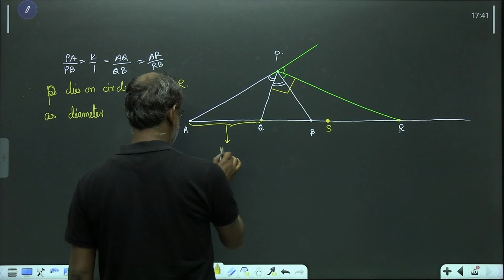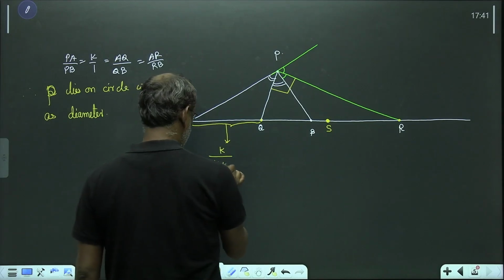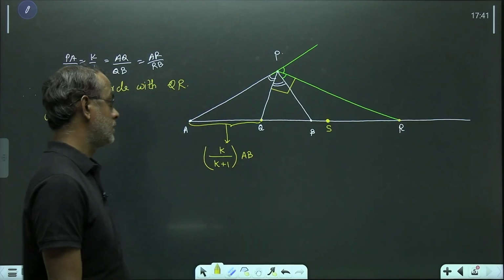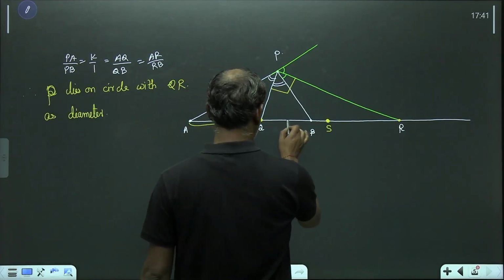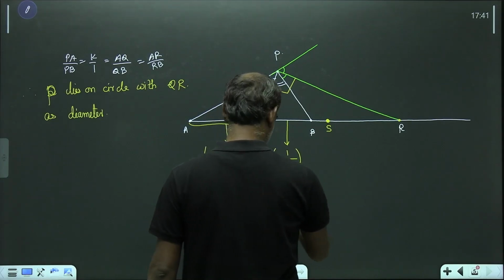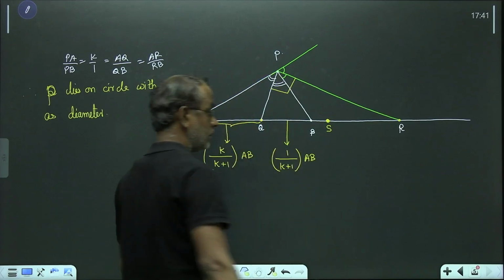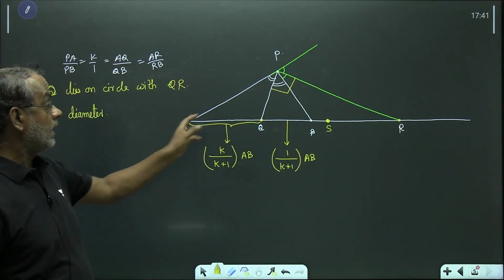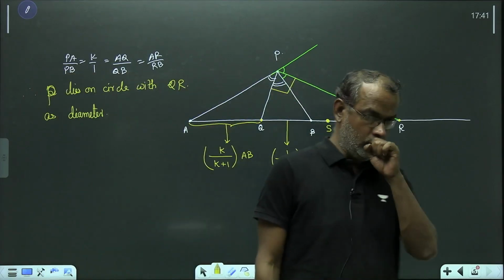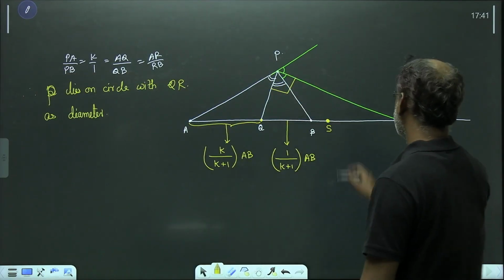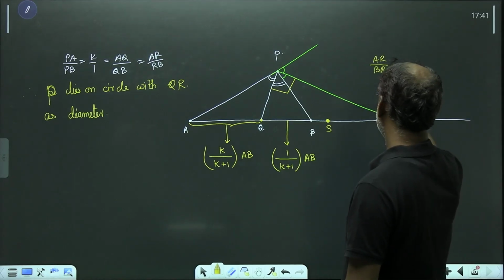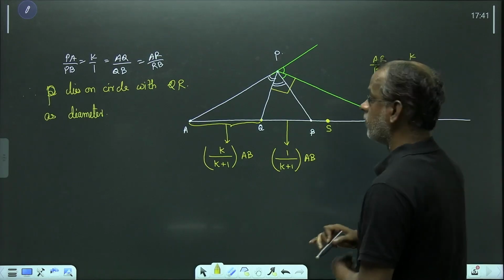So, this is K by K plus 1 times AB, and this is 1 by K plus 1 times AB. Now, AR is to BR, you can say AR upon BR is also K upon 1.